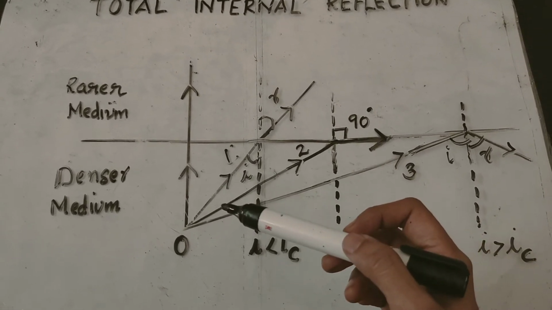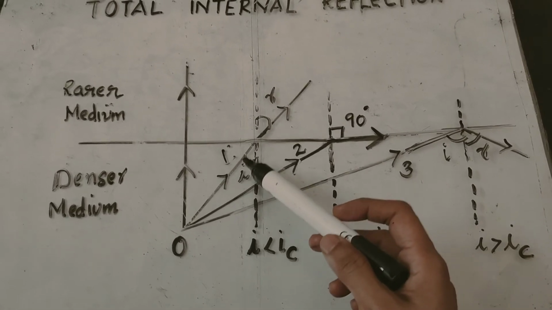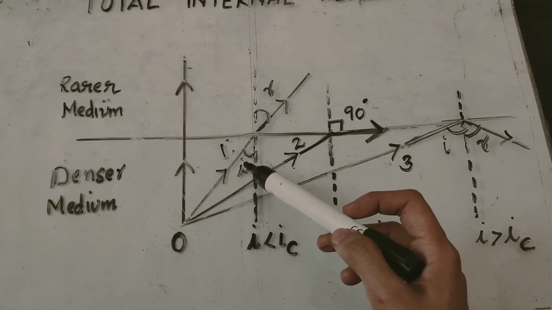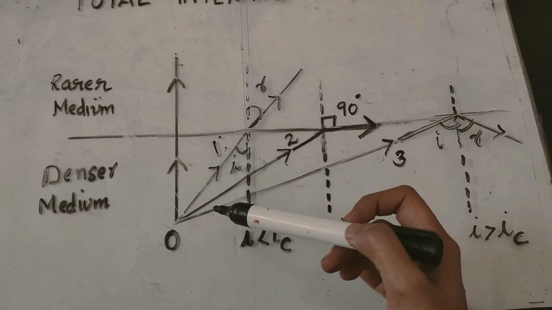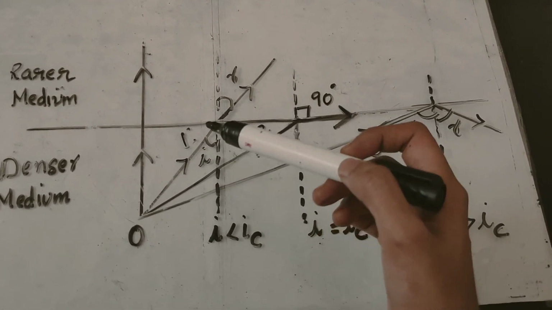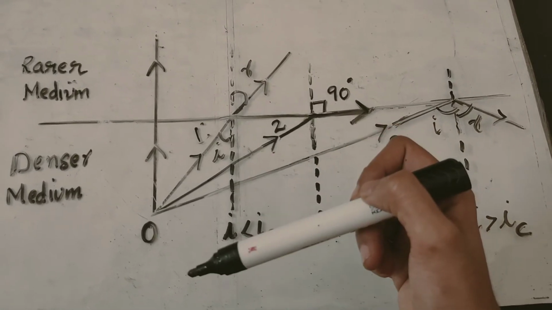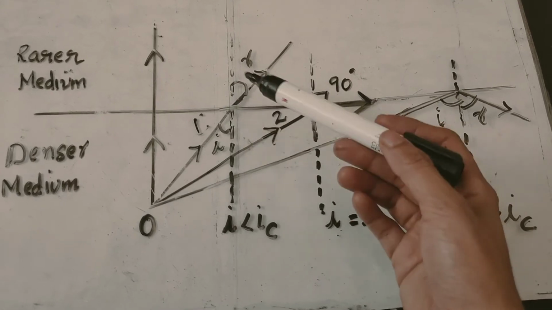When a ray of light travels at an angle of incidence i, here i is the angle of incidence and it is a small angle of incidence, and the light travels from a denser medium to a rarer medium. Then what happens?